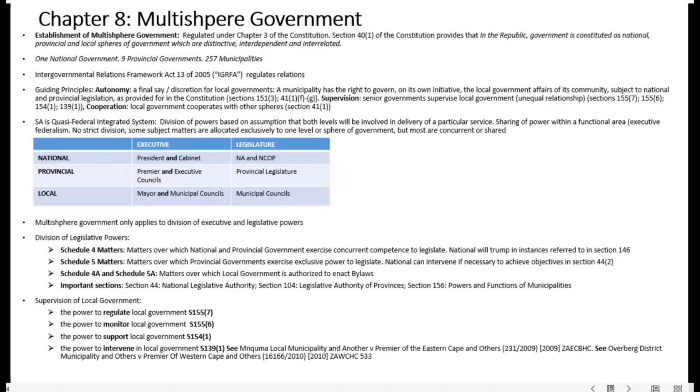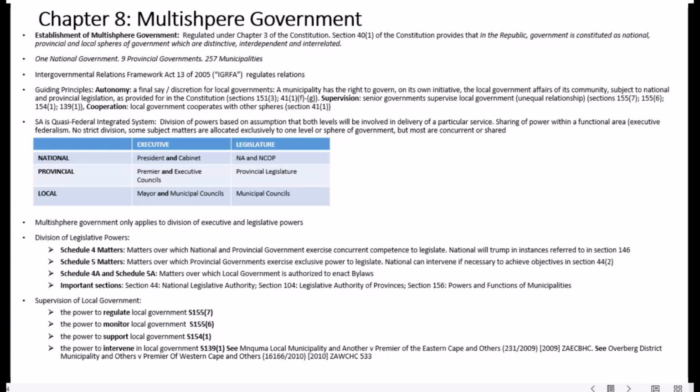And colleagues, I didn't put it on here, but you will see in the slides relating to multi-sphere government, any matter, colleagues, please be aware of this, any matter that doesn't fall under Schedule 4 or Schedule 5, Schedule 4A and Schedule 5A, any matter that doesn't fall neatly under any of those schedules, the national legislature would automatically have the right to enact laws on that specific matter.